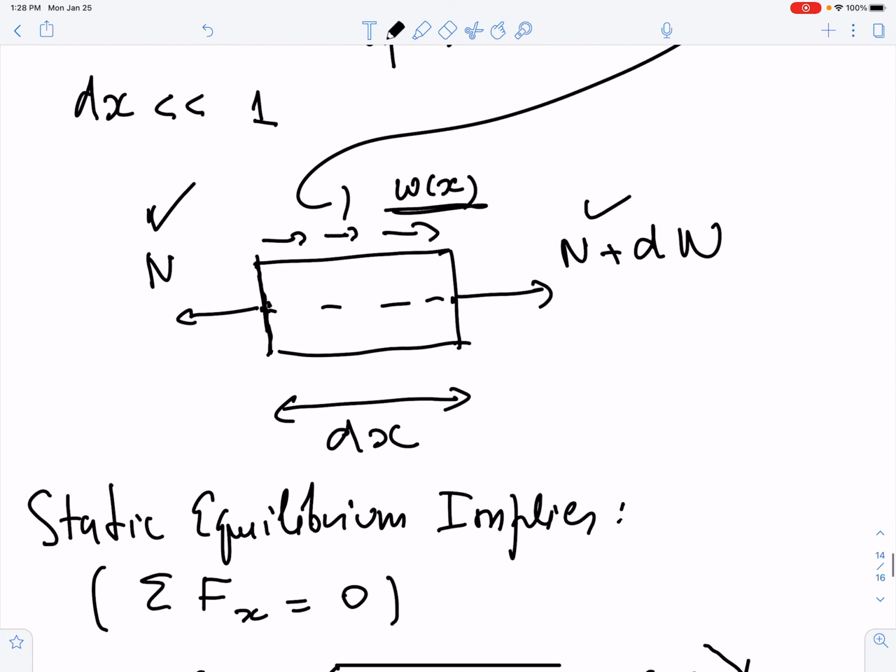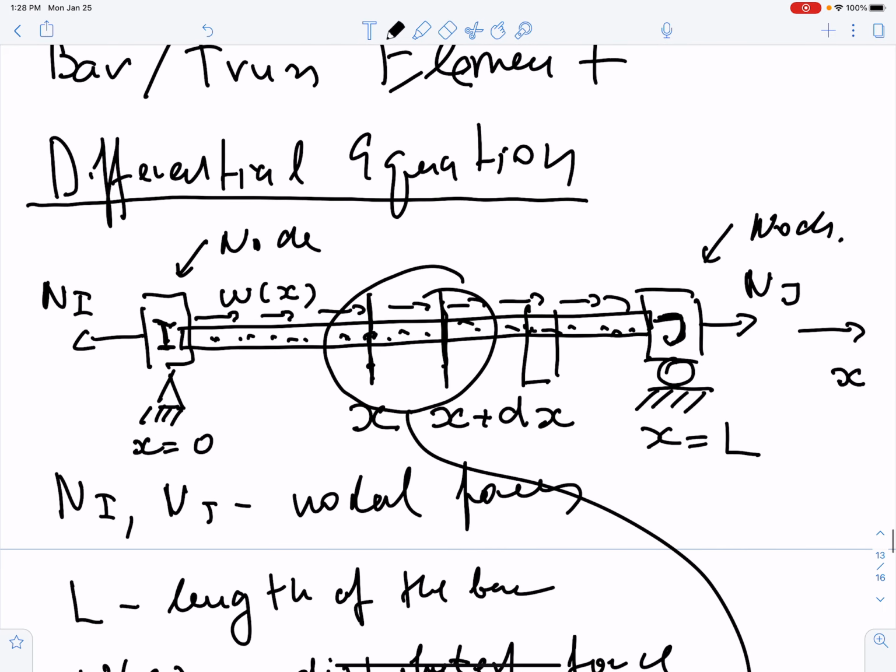So now, if you look at this situation, for example, you're trying to solve this problem as a boundary value problem. For now, you've expressed your equations in terms of N. Now, when you think about differential equations, you need to think of boundary conditions. By looking at a setup like this, you know that the node on the left is restrained, for example, so it doesn't move.